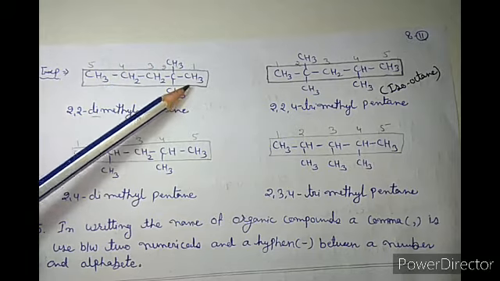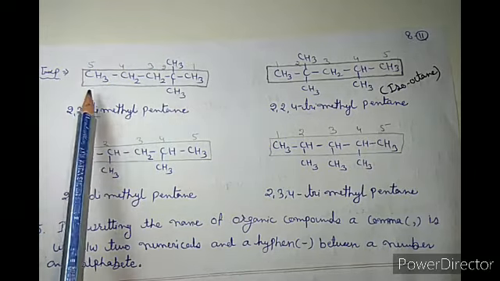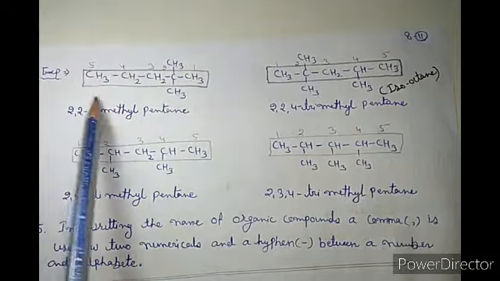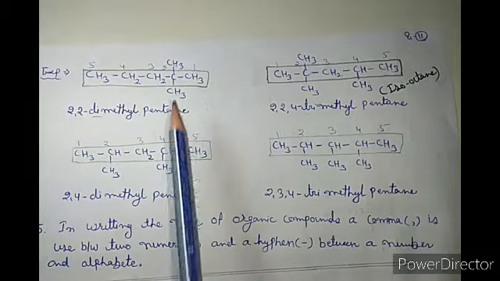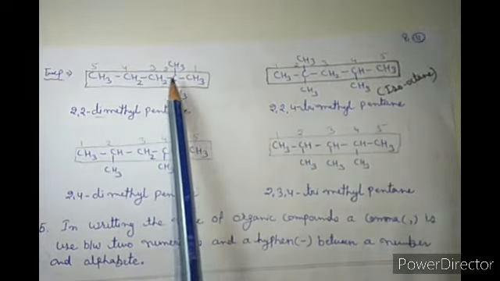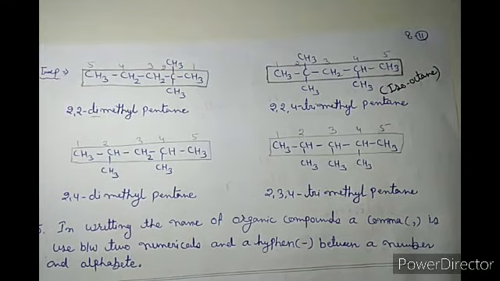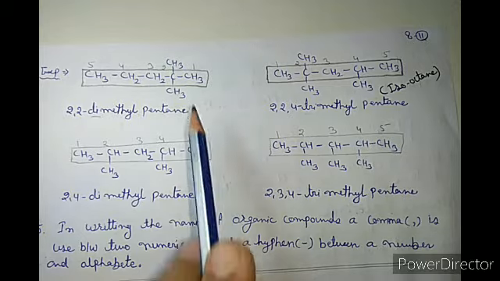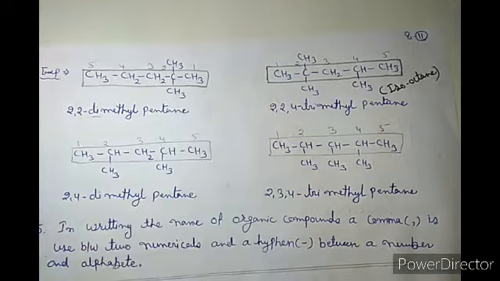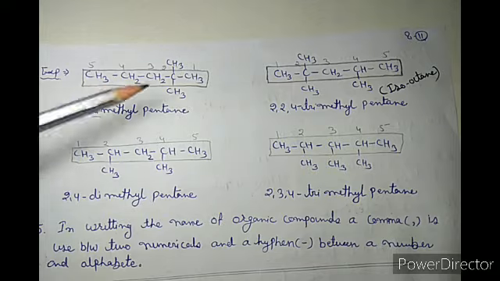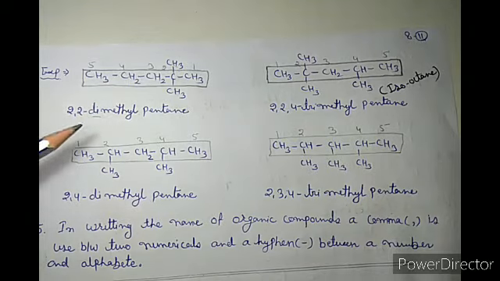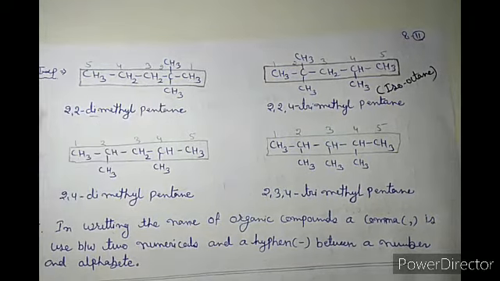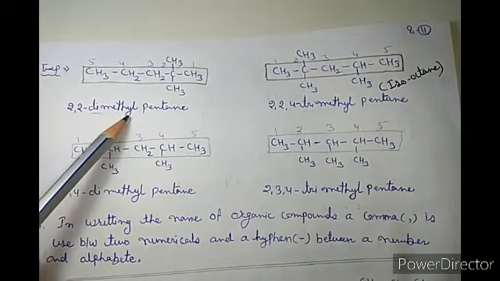If we select the main chain and number from that side, because we have to give the minimum number to the substituent, both are methyl, so the name becomes dimethyl.